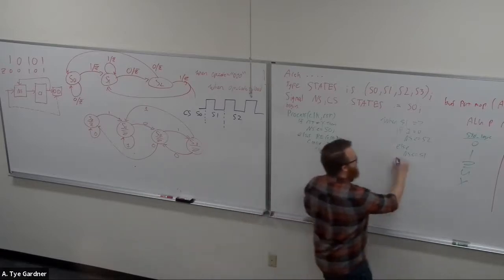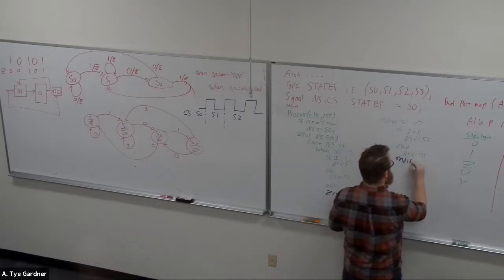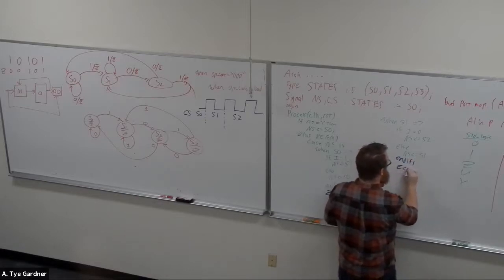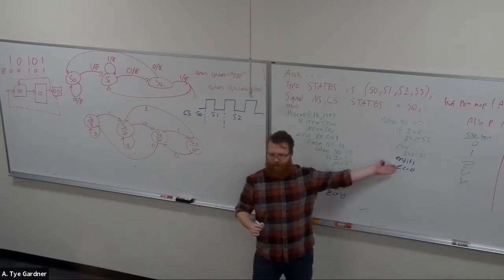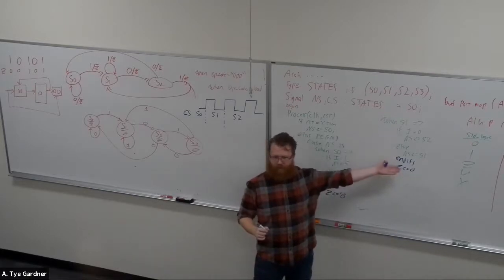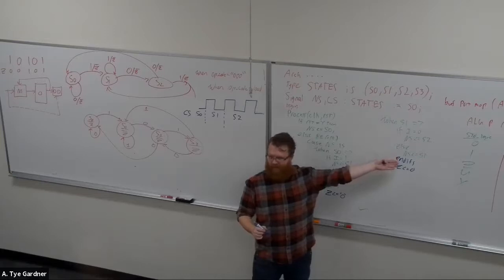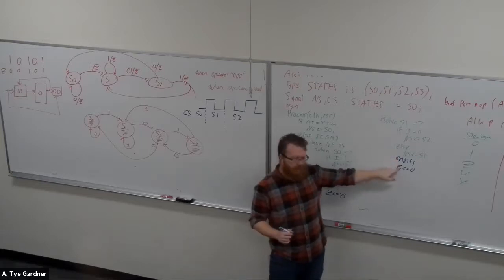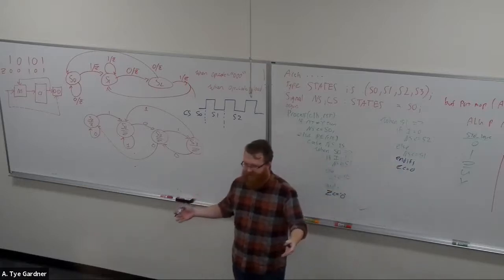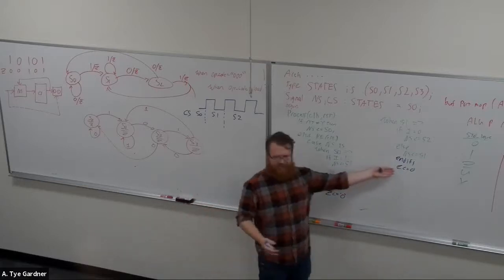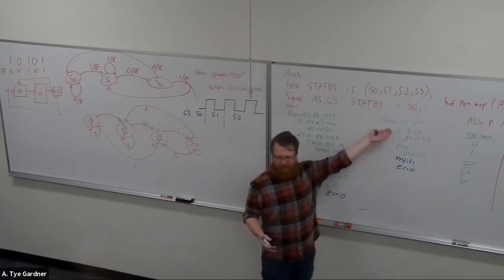And here, after the end if, Z gets assigned to 0, right? Guess what? That just combined my output decoder into my current state and next state logic, okay? Right, since this is an output decoder, it's just telling my output what to do. I don't have to actually calculate all of the logic for it. I can just write what Z is supposed to be when I'm in S1, okay?